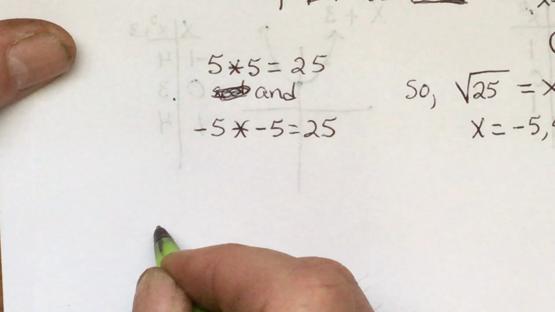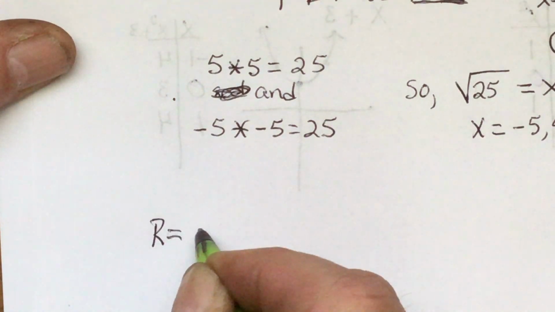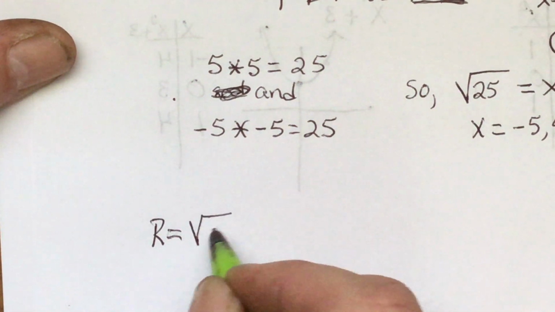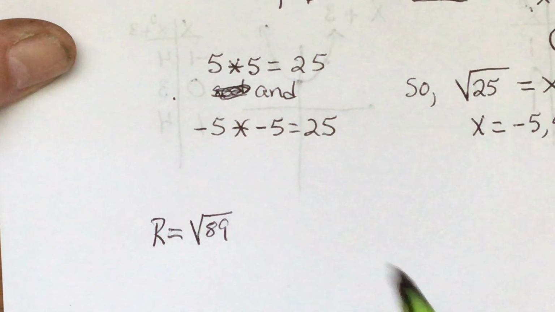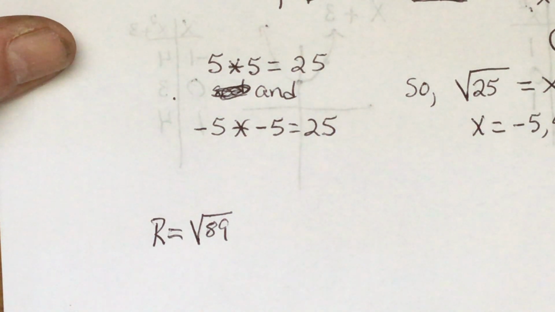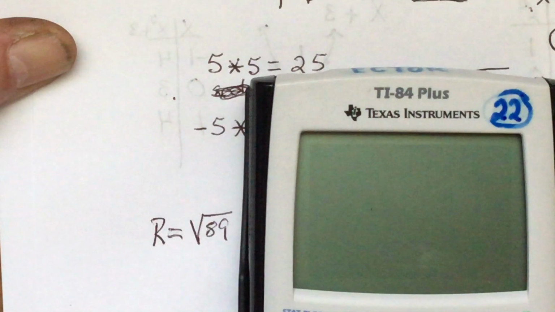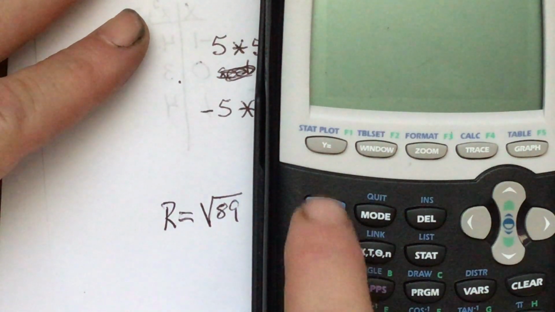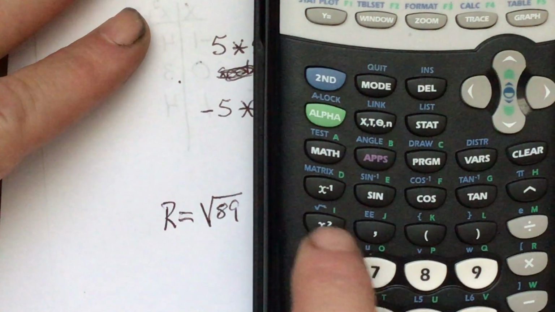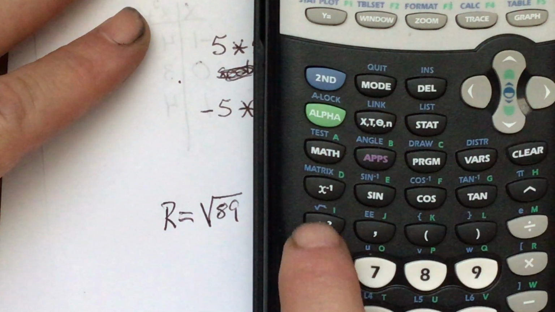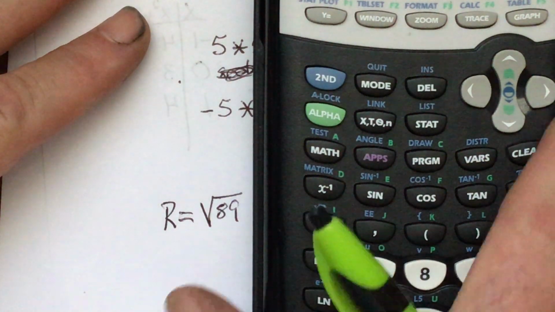How about r equals the square root of 89? Okay, so I would go to my calculator and I would type in second square. See the little square root symbol right above x squared?